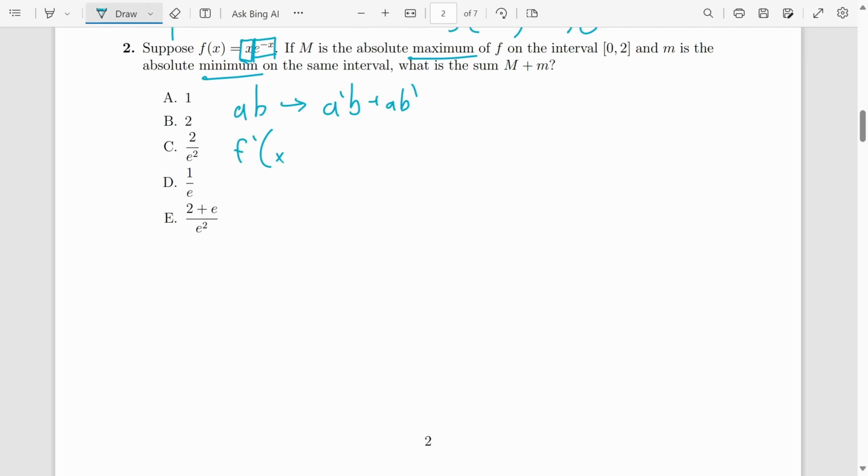So taking the derivative now, f prime of x equals first a prime, that's the derivative of x, which is 1, times b, which is e to the negative x, plus a, which is x, times b prime, that is the derivative of e to the negative x. Derivatives of powers of e are pretty simple.